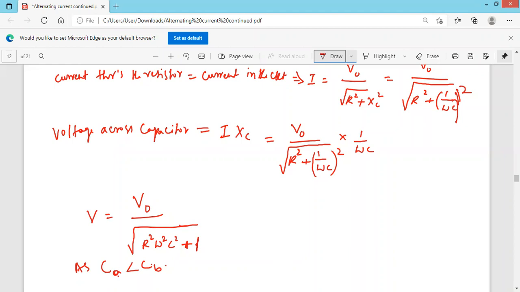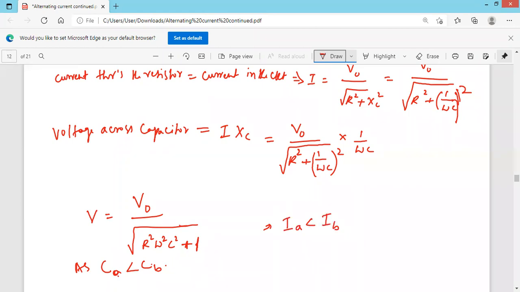If CA is less, what happens? In the current expression, if I take CA, this value will be more. This value is more means current is less. Therefore, IA is less than IB.